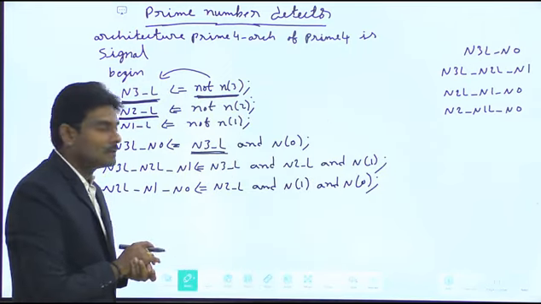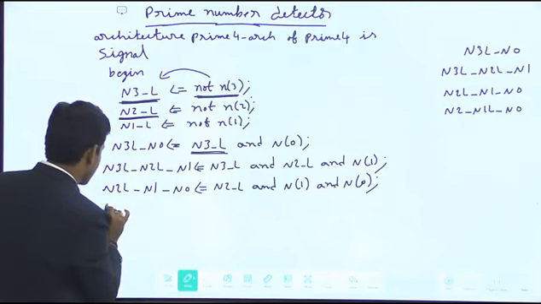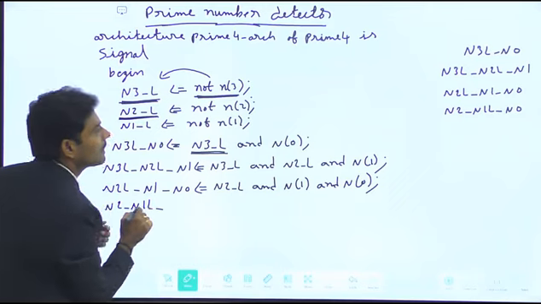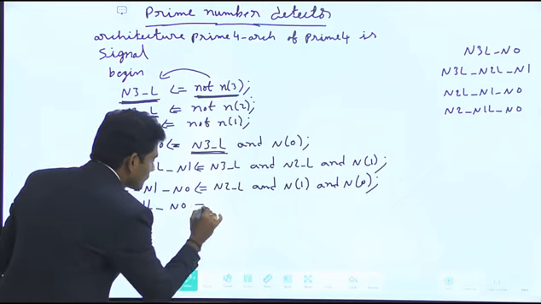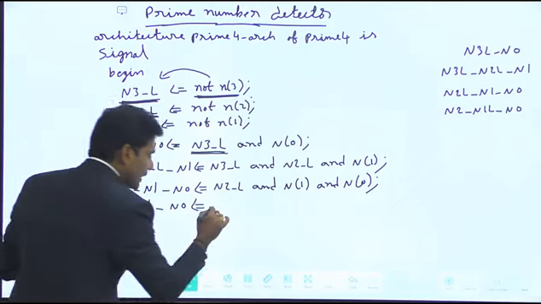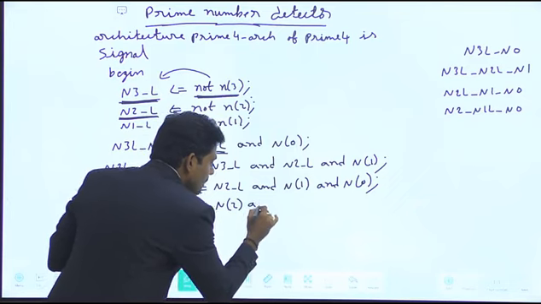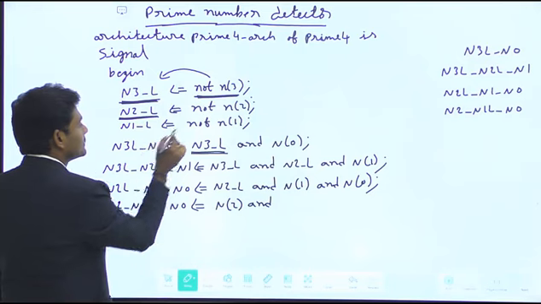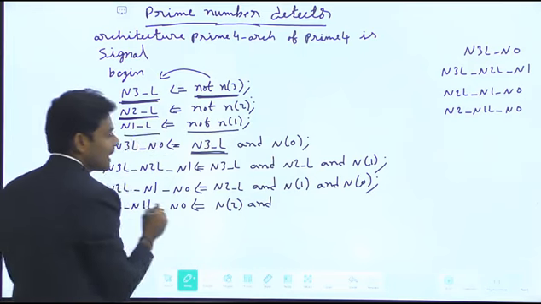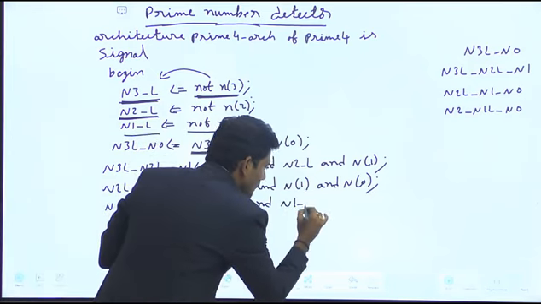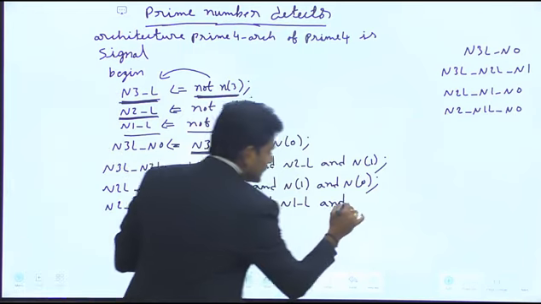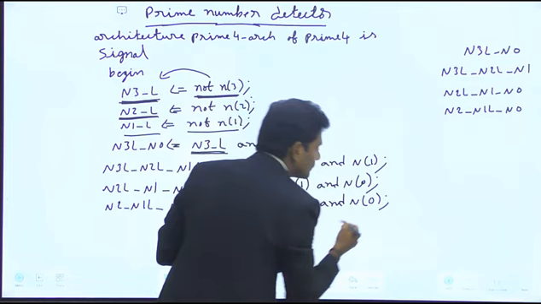Next, considering the last AND gate, which is n2_n1L_n0, this one has n of 2 and with n1_L. This value is assigned to n1_L, so n1_L we are supposed to consider and with n of 0.